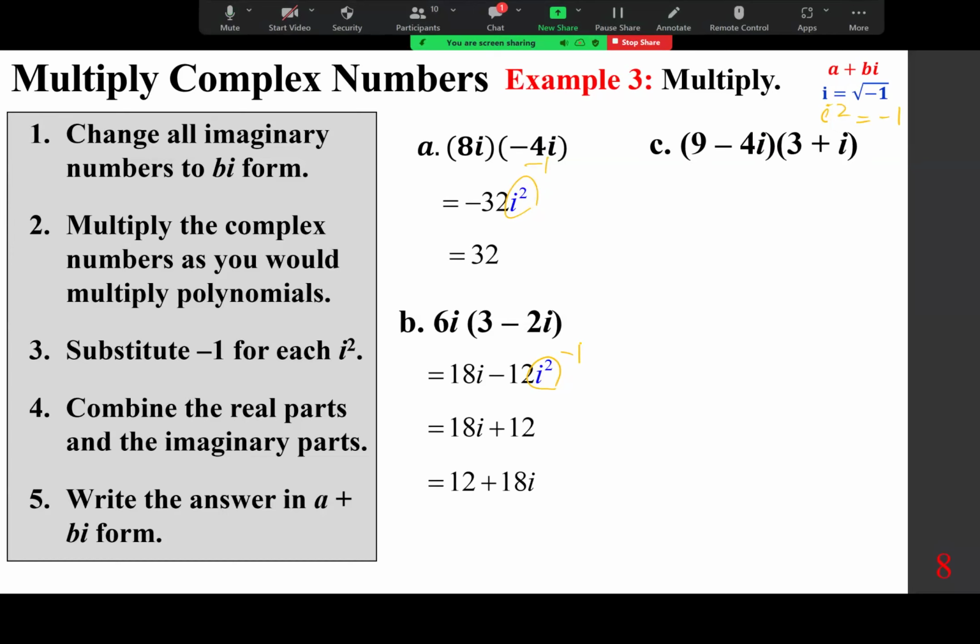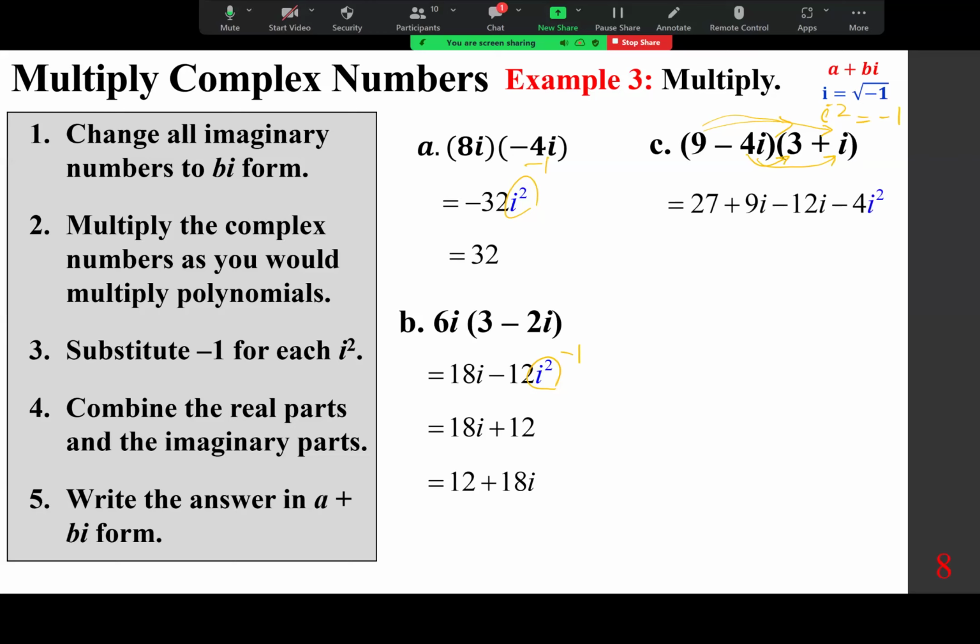All right. To do this, we are going to distribute. We are going to do foiling. So we're going to start with number 9. 9 times 3 is 27. 9 times i is 9i. Minus 4i times 3 is minus 12i. Minus 4i times i is negative 4i squared.